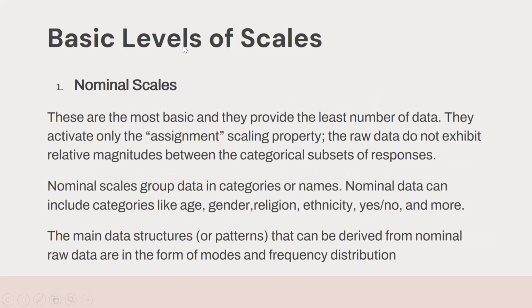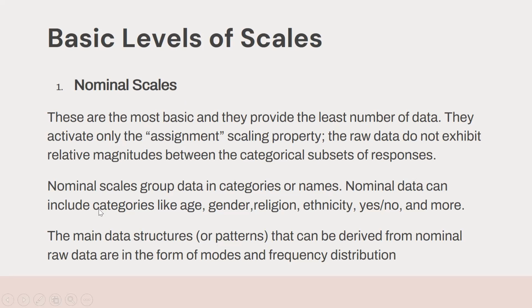So we have basic levels of scales. First, we have the nominal scale. So these are the most basic and they provide the least number of data. They activate only the assignment scaling property. The raw data do not exhibit relative magnitudes between the categorical subsets of responses. So nominal scale group data in categories or names.